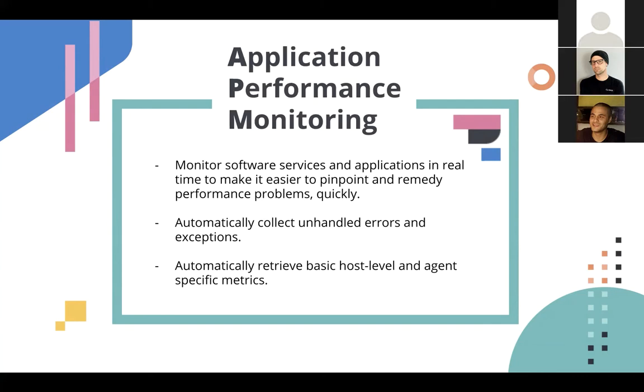But effectively, it helps you make sure that your code and your apps are performant, and it checks those metrics in real time. It can also go a step further and make sure that your code is not hitting any unexpected errors, as well as provide rudimentary host information where the APM agent is actually running. And I'll get into the agents a little bit more.